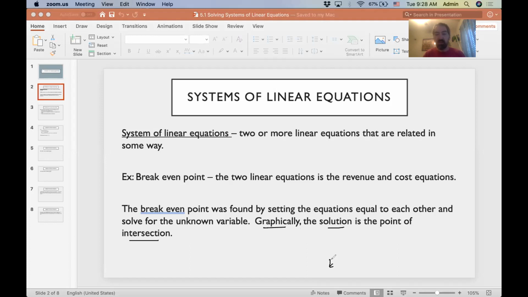So if you were to graph the line of one equation and graph the line of the second equation, if you call the first one, say L1, the second one L2, then where they intersect, that is the solution. And that's what we're trying to do when we use the substitution method. When we set those equations equal to each other and solve for x, that gave us the x value where we have that point of intersection.